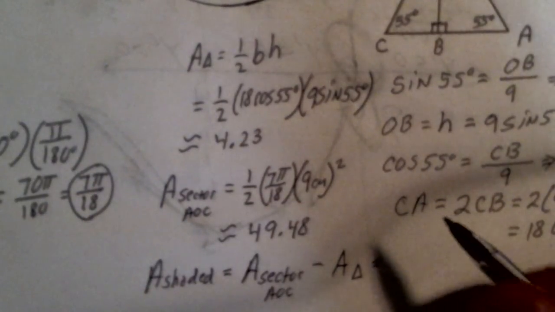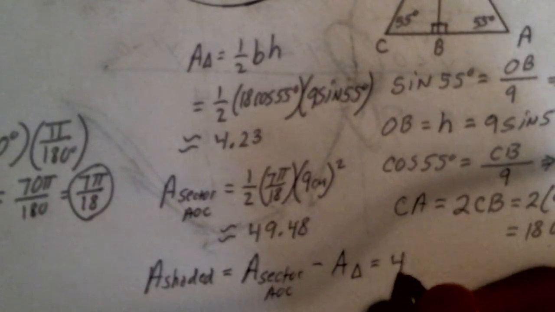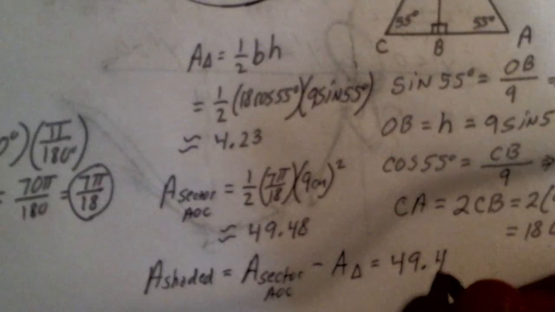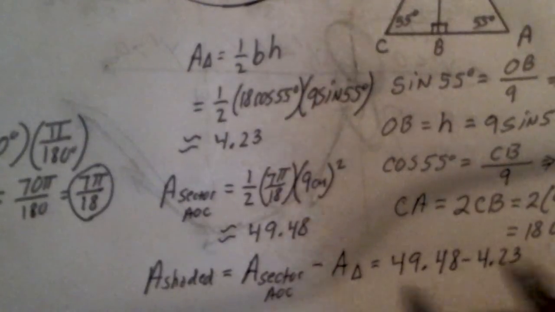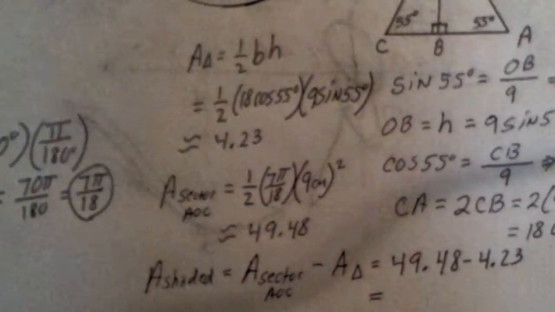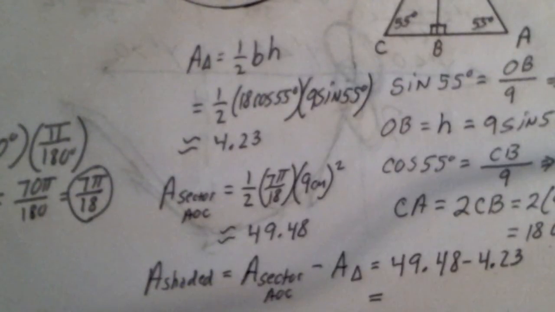So therefore, it's going to be 49.48 square units minus 4.23 square units, which gives us approximately the area of the shaded region as being 49.48 minus 4.23, which would be about 45.25.